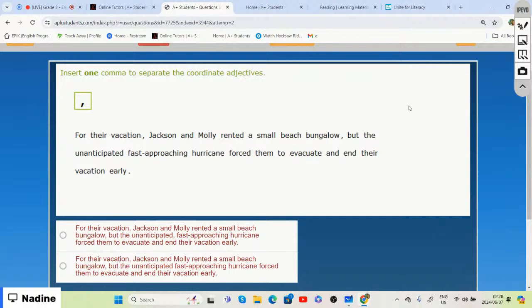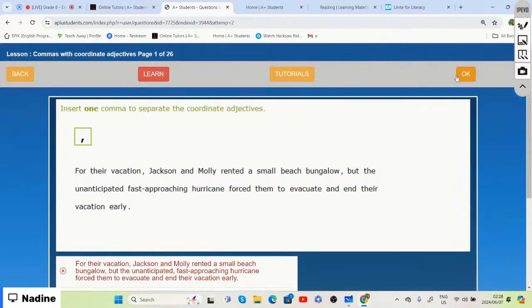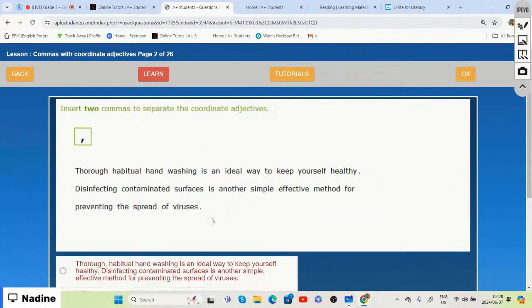If we were to choose a comma, then we would choose option one. And option one is correct because we added our comma between our coordinate adjectives.